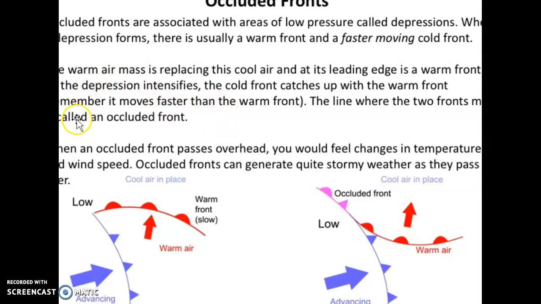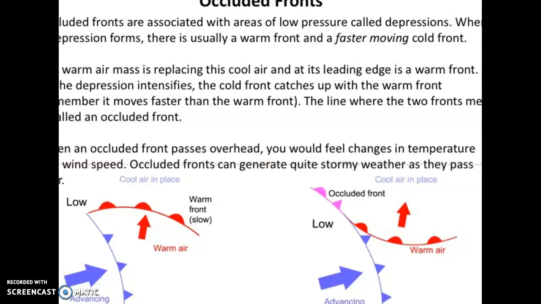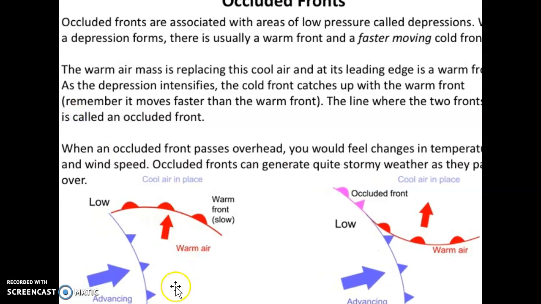Now, occluded front. So I talked about this a little bit, but right here you can kind of see where I have a warm and a cold front moving together. But we talked about how the cold front is moving a little bit faster than the warm front.